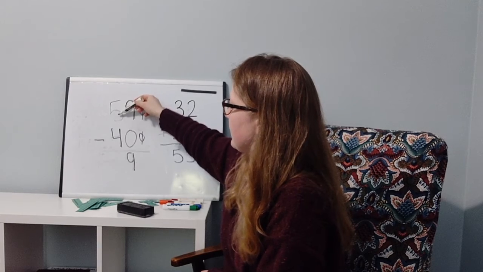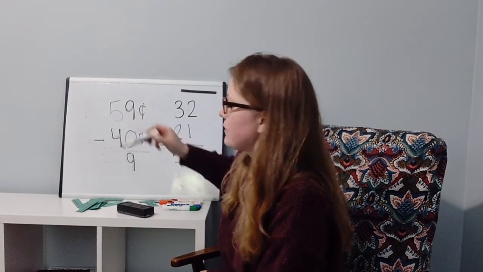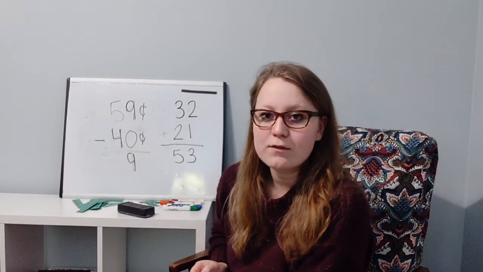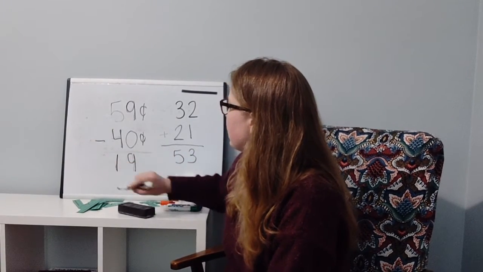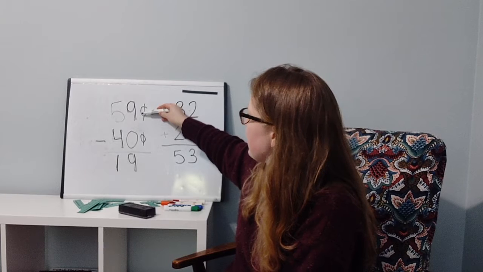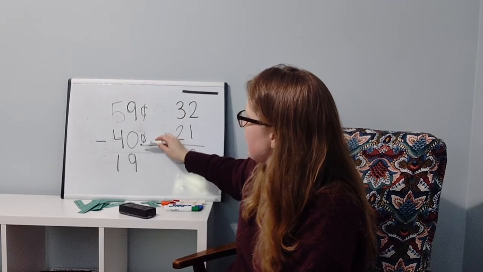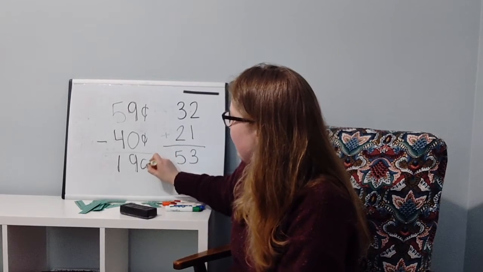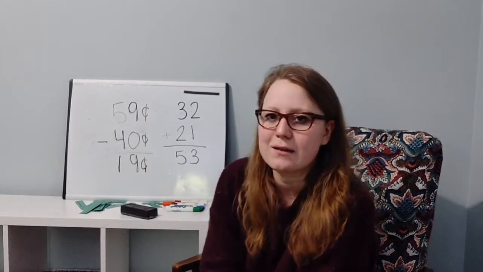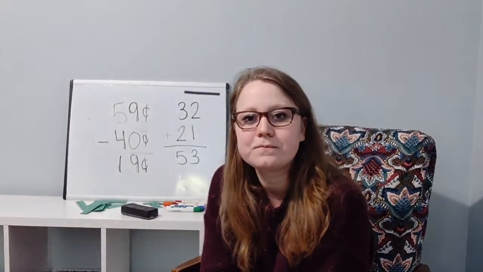Next, we're going to do our tens column. 5 minus 4. 5 minus 4 is 1, which means the 59 cents Evan started with, he spent 40 cents. Now he only has 19 cents left.